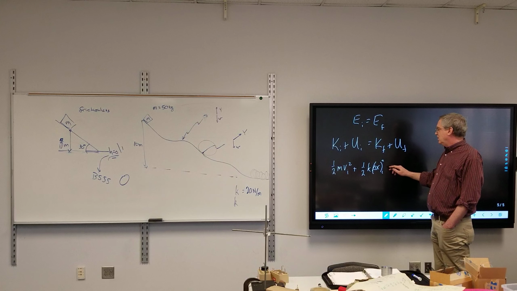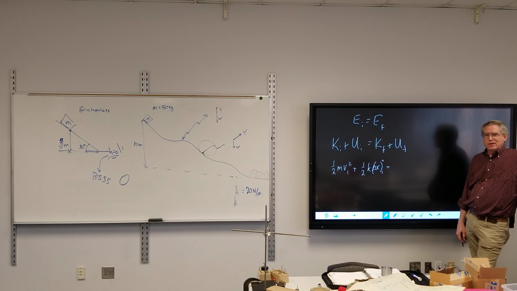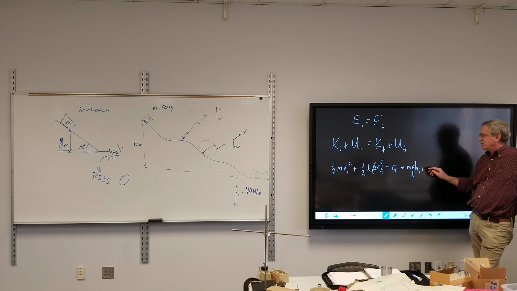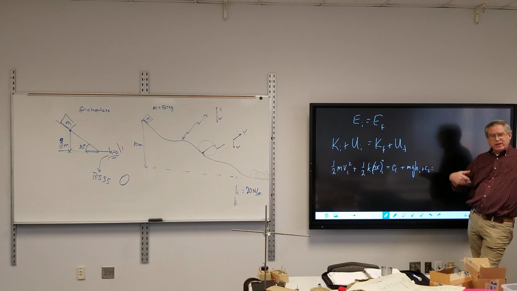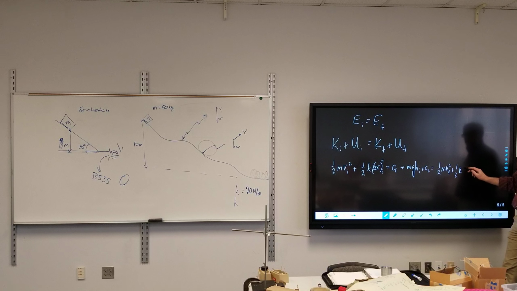That's the initial. And the other one is mgh initial plus constant 2. And it's equal to the same thing except the finals: 1/2 mv final squared plus 1/2 k delta x final squared plus c1 plus mgh final plus c2.